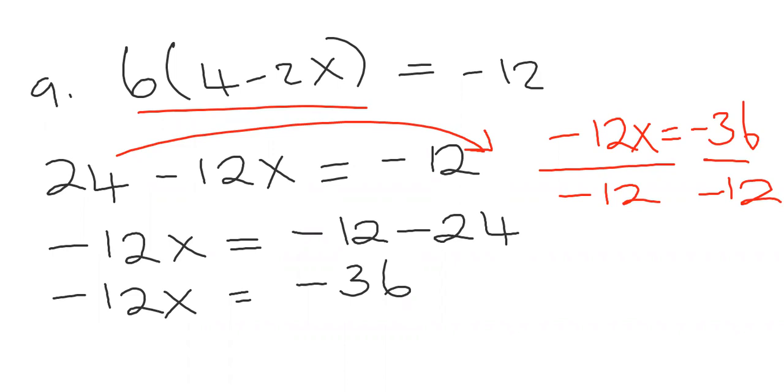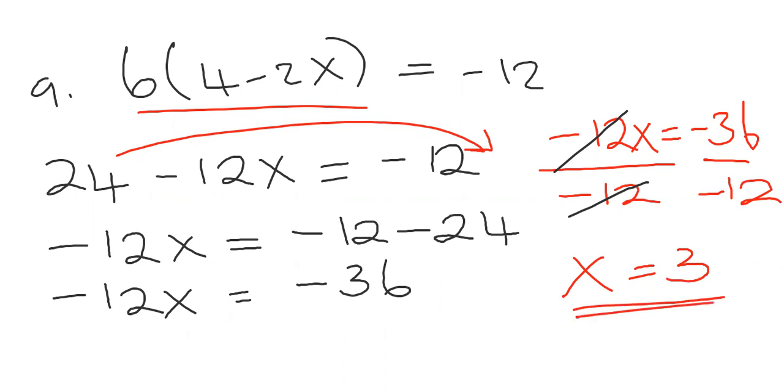So that the numerator and the denominator can cancel out, and you are left with x here. Then negative 36 divided by negative 12 gives us a positive 3. So your x is equal to 3.